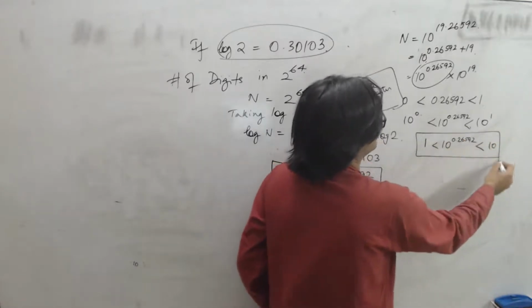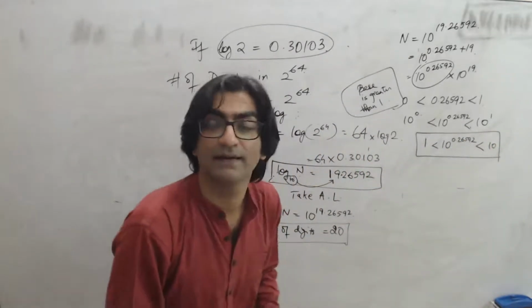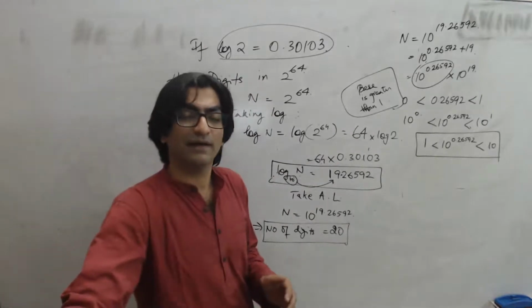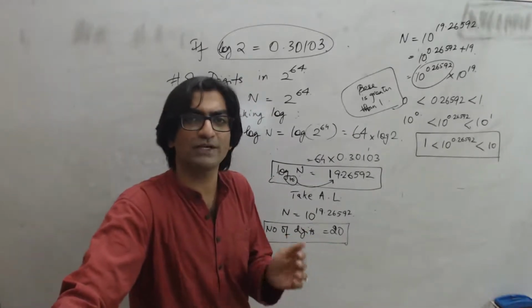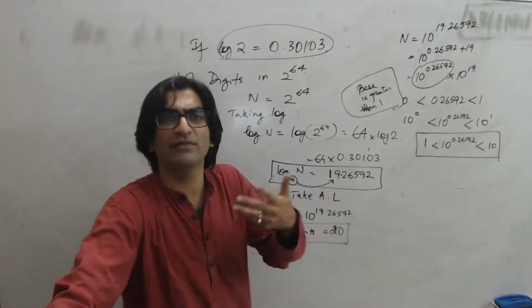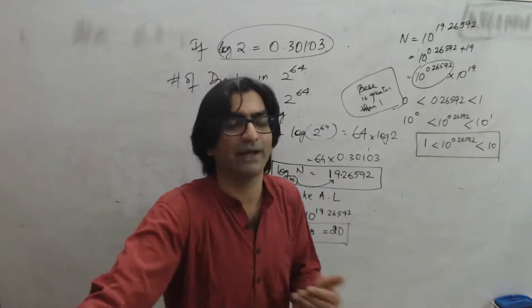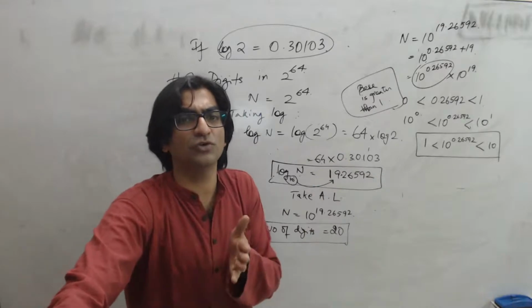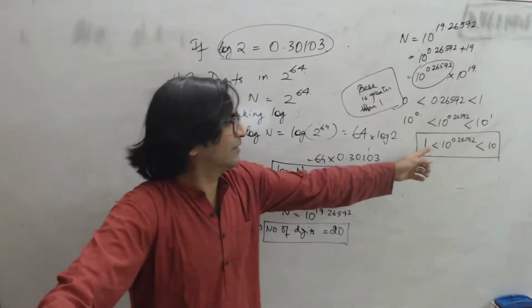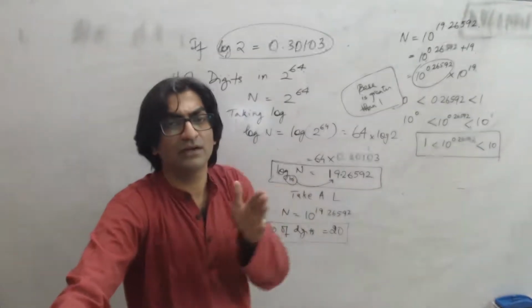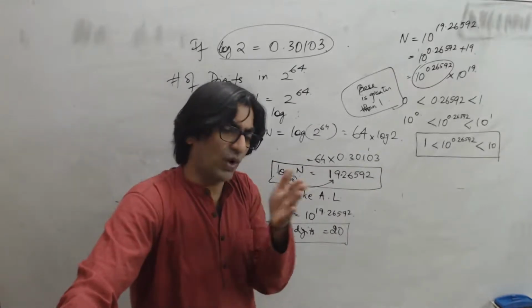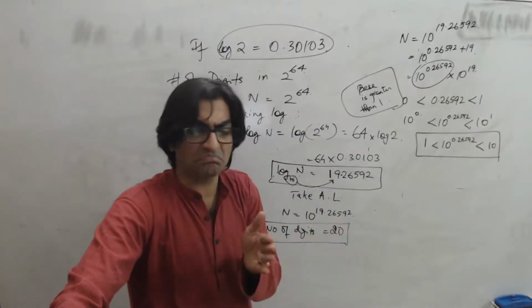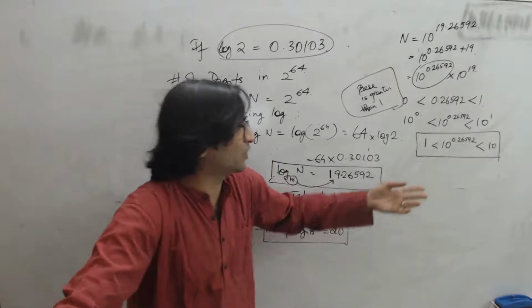Since its value lies between 1 and 10, it will be either 1 point something or 2 point something or 3 point something, maybe even 9 point something. But it can't have anything beyond that, right? So if you consider all possibilities, you'll notice that the value of this exponent will always contain one digit before the decimal, and I don't know how many digits after, because I don't know its value.